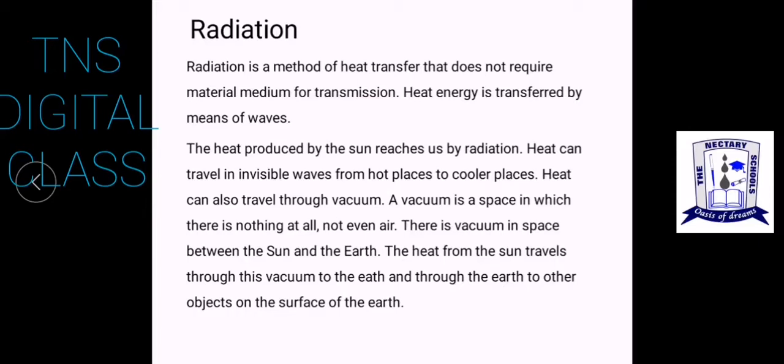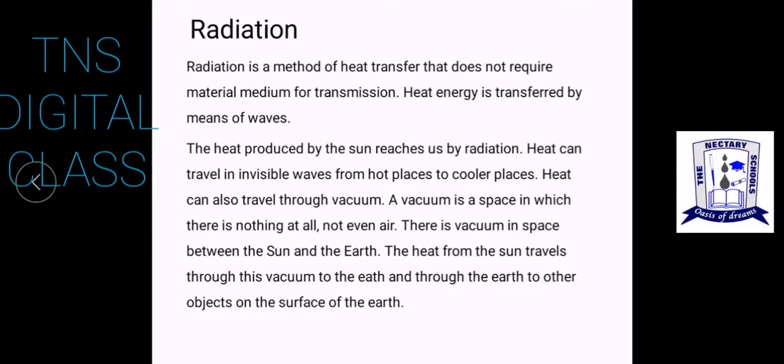You will recall that during conduction, there is a material medium in the metallic substance, something like iron, and that iron must make contact with its source before the heat can be transferred.